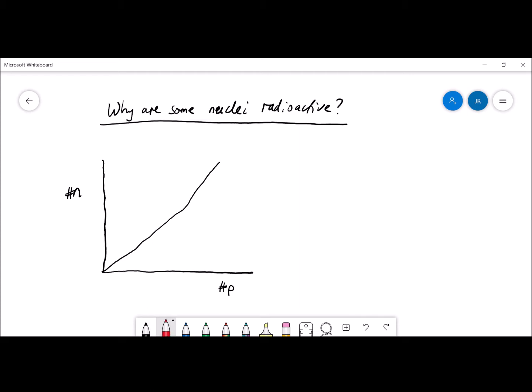Okay, so let's see if I can get the pen in the right place. Yeah, so I made this distinction about here. And then I made another distinction about here.